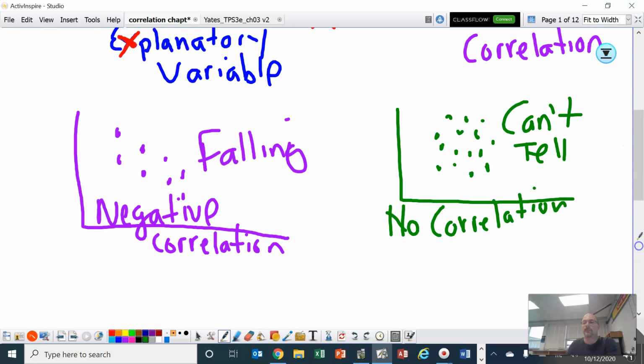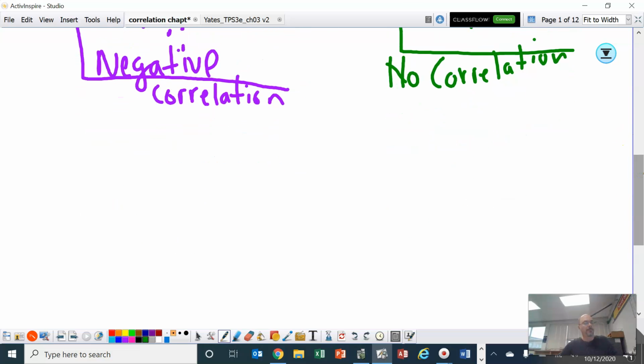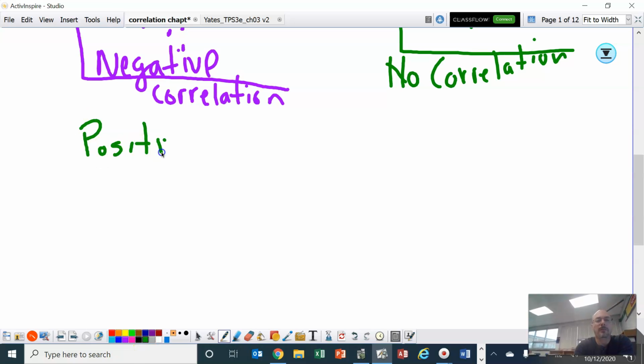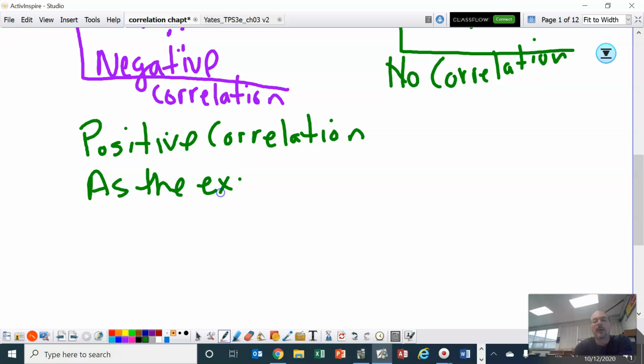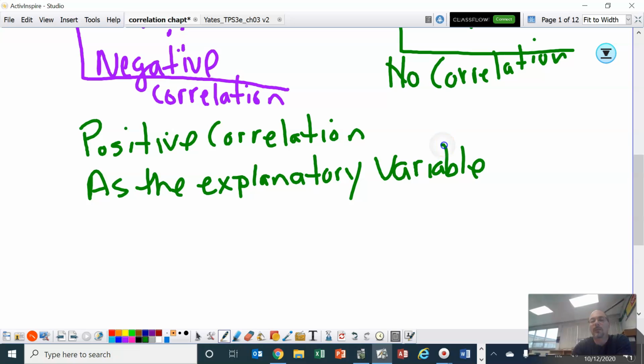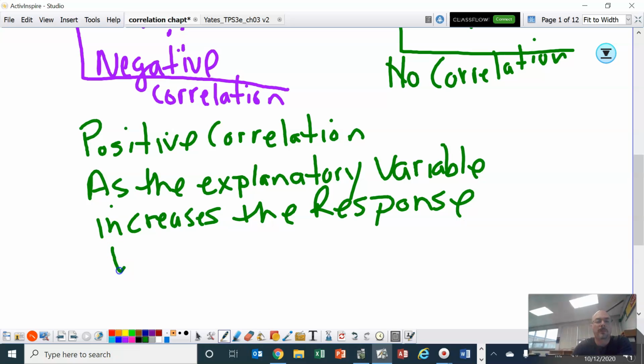What else do we need? Well, one thing you need to remember for a positive correlation: as the explanatory variable increases, the response variable increases.